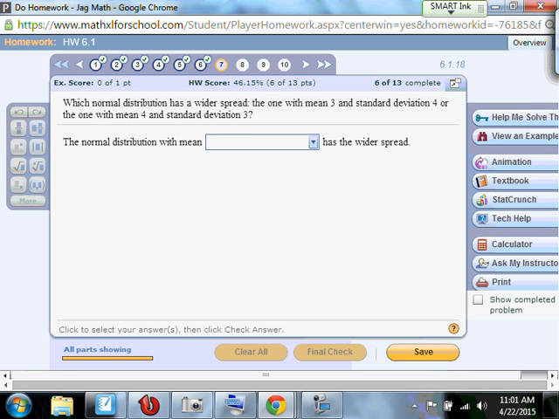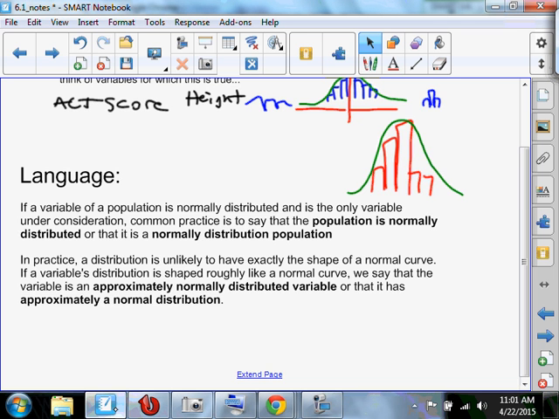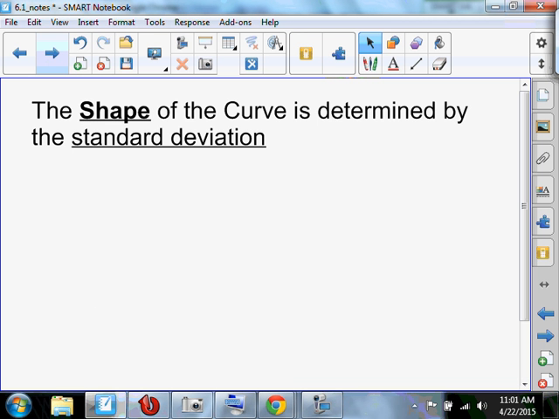Number 7. Ooh. We got to talk about some more stuff before we can answer this one. This would make a great compare and contrast essay quiz question in the future. Maybe next week sometime.